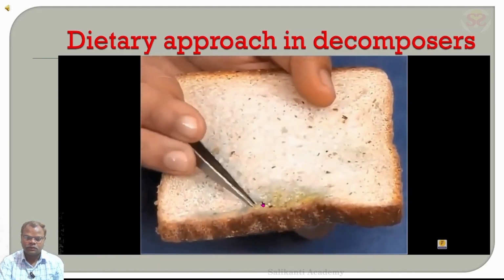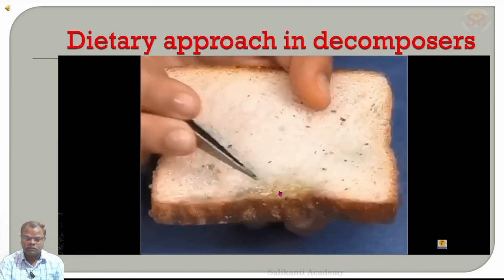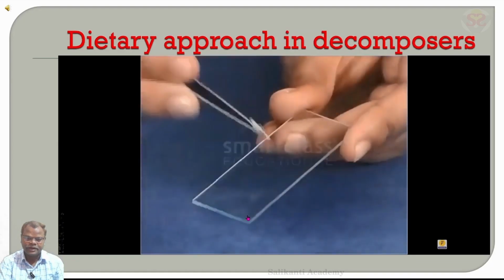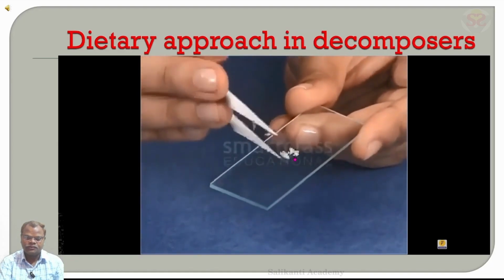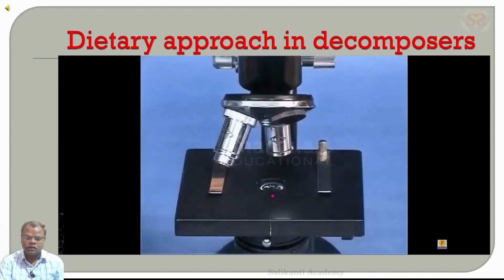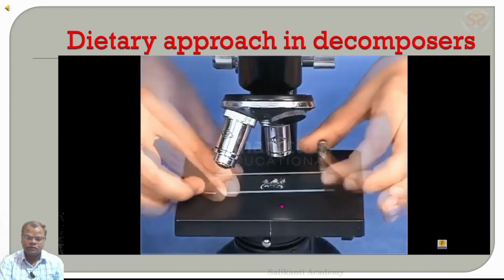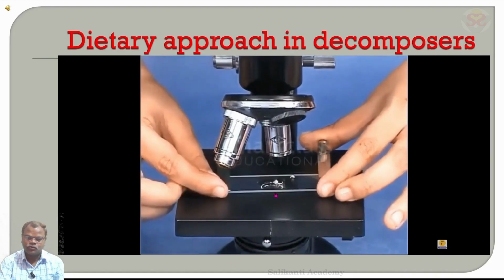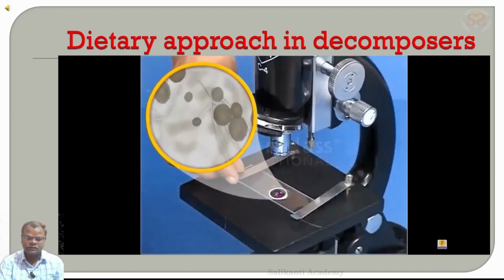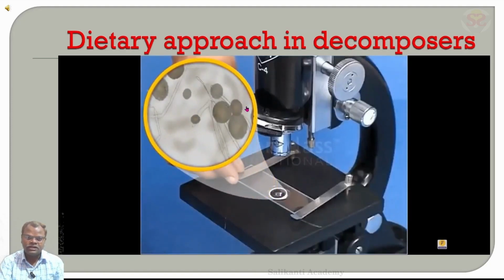Take some black pieces from the bread slice, put them on a slide with forceps, keep this slide on the stage of a microscope, and observe through the low objective. By observing this slide with the microscope, you clearly see round shaped sac like structures. These are the bread mold.